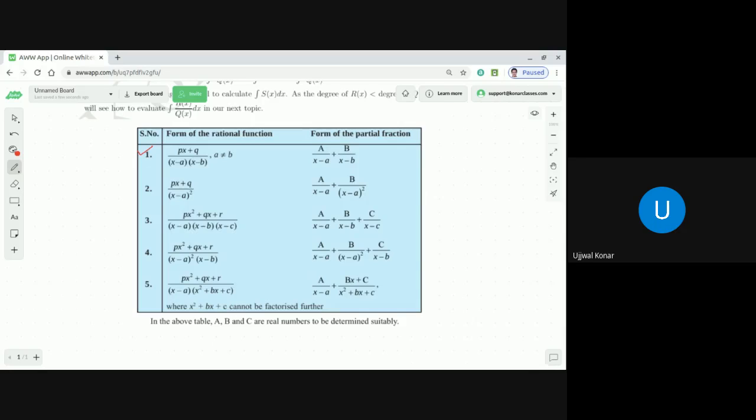And we will see how we can find the values of capital A and capital B. Capital A and capital B are real constants. There are steps to find their values. The moment we find them, the integration of (px + q) by (x - a)(x - b) dx becomes easy. Correct? Yes. So what happened?